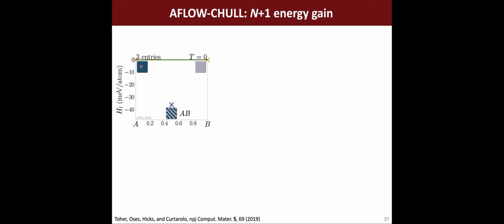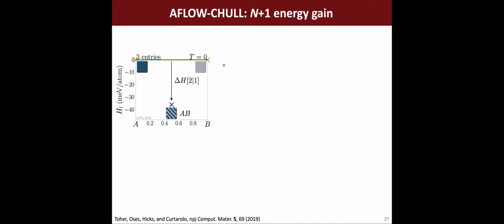We have the pure phases here at the top, defined at the 0 tie line. We have the mixture here at the bottom. And so I said that stability was that this mixture is more stable because it's lower in energy than the tie line. So another way of phrasing this is that there is an enthalpy gained from going from the pure components here, that are made up of only one element.